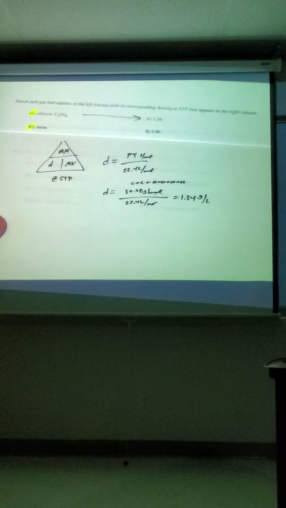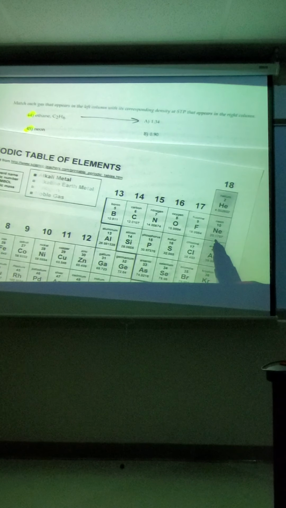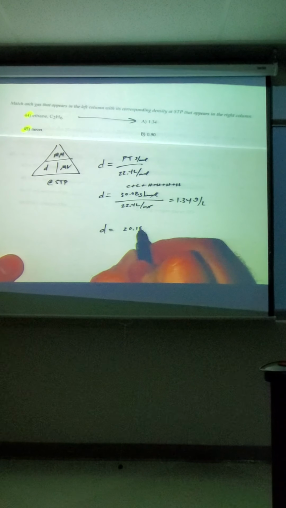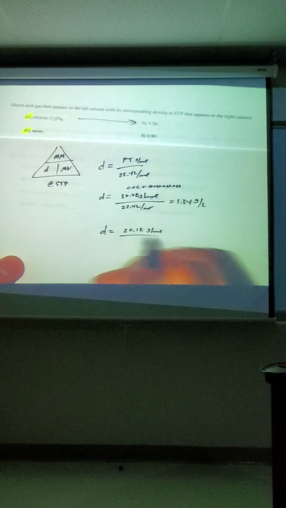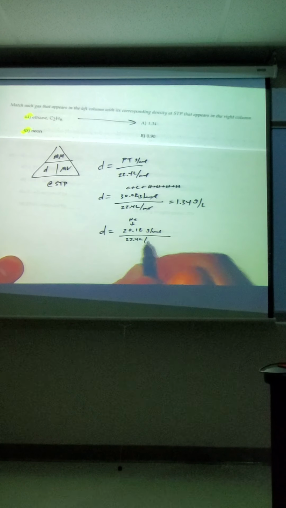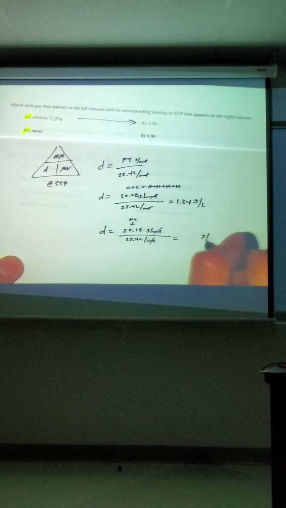Neon a little bit easier in this situation because neon is just an element, so we can go directly for its mass, which is 20.18 grams per mole on the periodic table. So this is just neon. Since it's at STP, we can use the same molar volume. Moles cancel, we get grams per liter again.